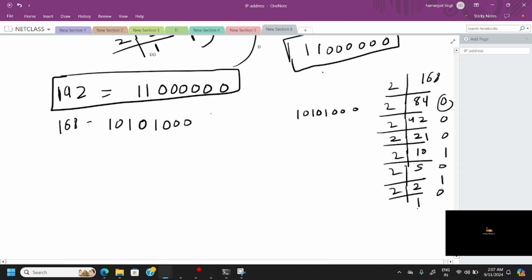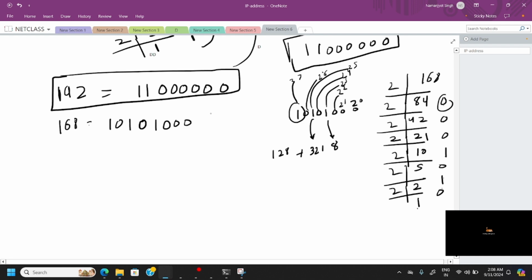2 raised to power 0 is not significant. 2 raised to power 1 is not significant. 2 raised to power 2 is not significant. Let's say 2 raised to power 3. So 2 raised to power 3 is 8. 2 raised to power 4 doesn't matter, it is 0. 2 raised to power 5 is 8, 16, 32. 2 raised to power 6 is again 0, doesn't matter. 2 raised to power 7 is 128.